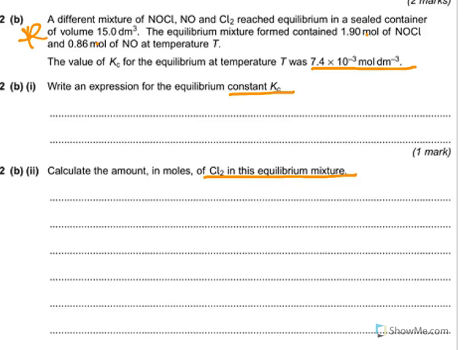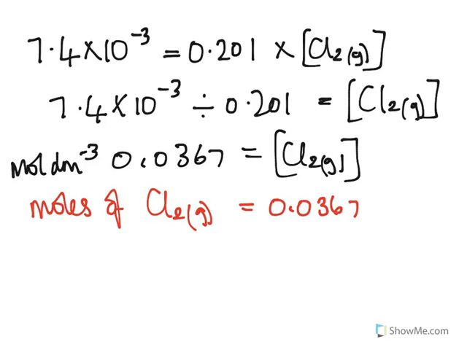If we flip back to the question, just to point out, the question is asking in moles. It's not asking for the concentration, it's asking for the moles. So if this is our concentration, if we remember that the actual volume we had here was 15, so this is moles per dm cubed. So in 15 dm cubed, we have to multiply that by 15, which will work out at 0.54 moles of chlorine.